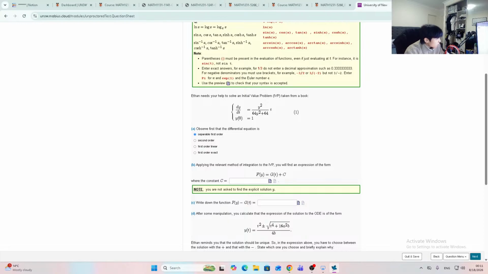What we're going to do: dsolve, open bracket, diff y of t equals y squared on 64 times y squared plus 64, with y0 being 1, y of t.